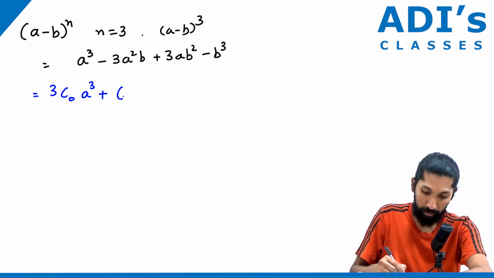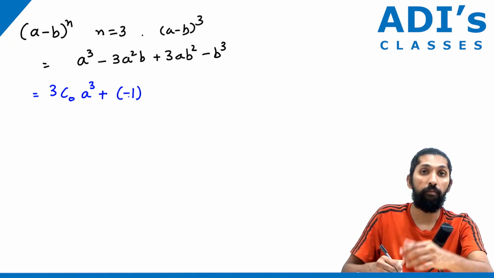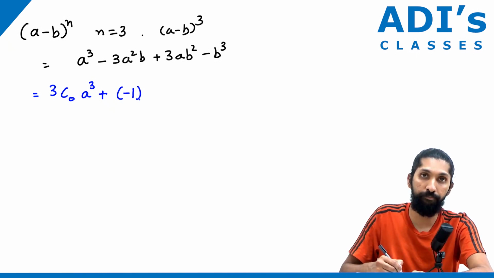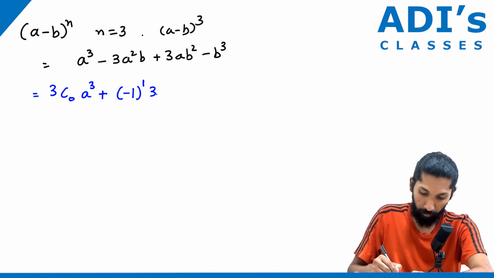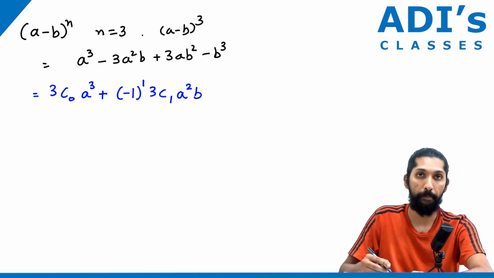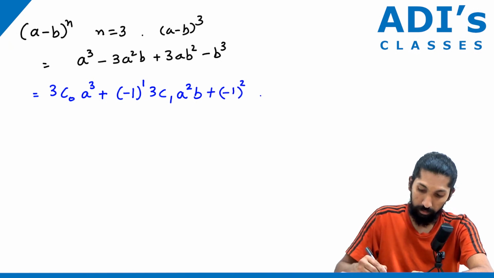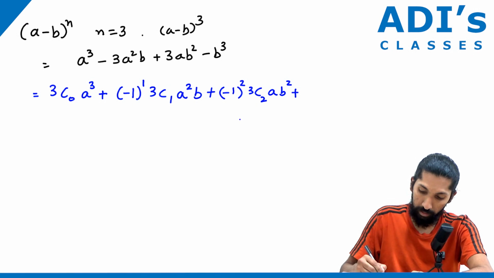Plus (minus 1) to the power of n, so n value is 1, 3c1 a to the power of 2 into b, plus (minus 1) whole square 3c2 a to the power of 1 into b square, plus (minus 1) whole cube 3c3 b to the power of 3.